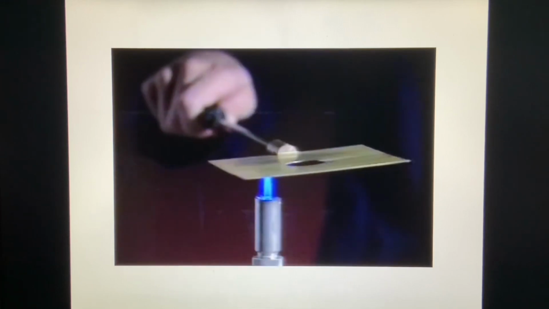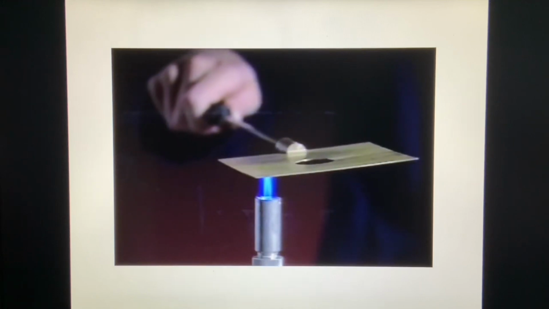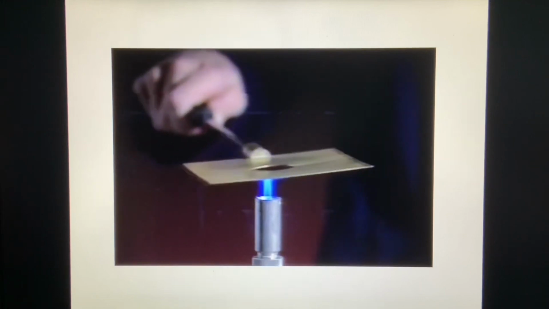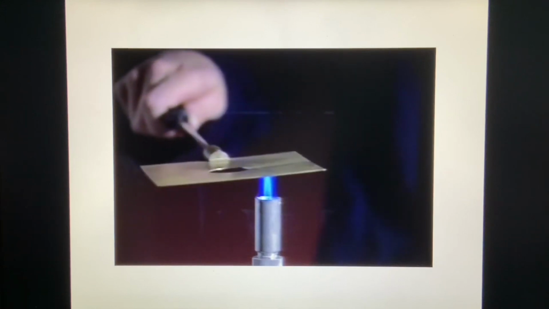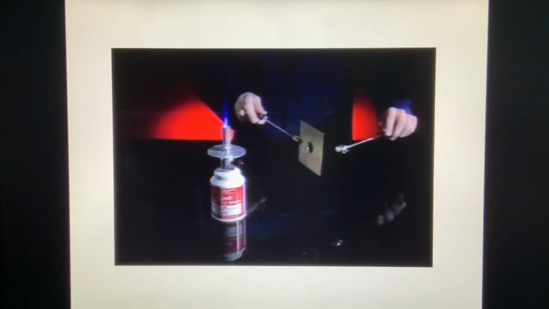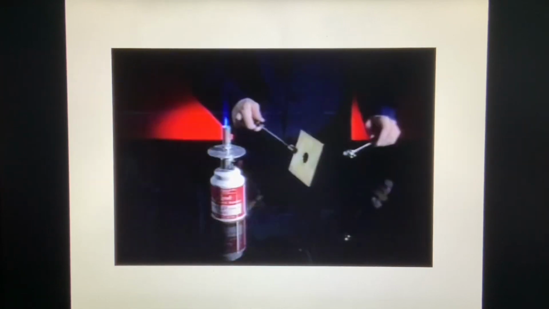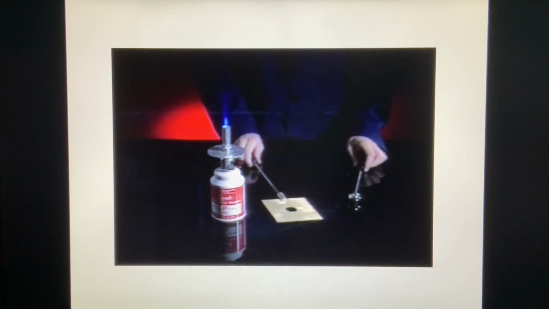We now heat the plate. After the plate is heated, the ball fits through the hole, indicating that the hole expands when the plate is heated.